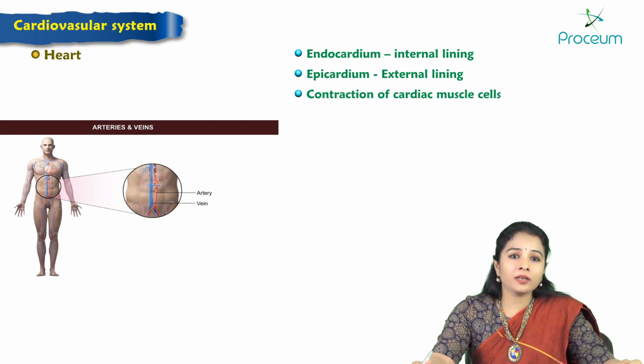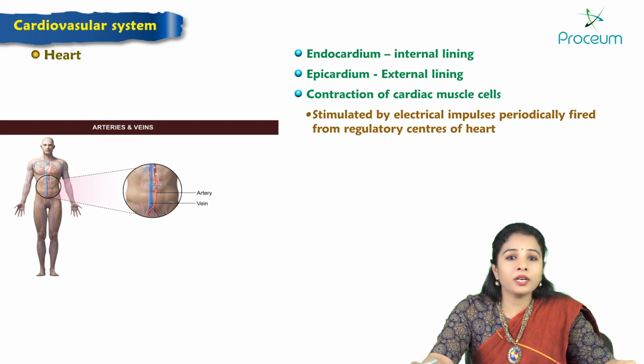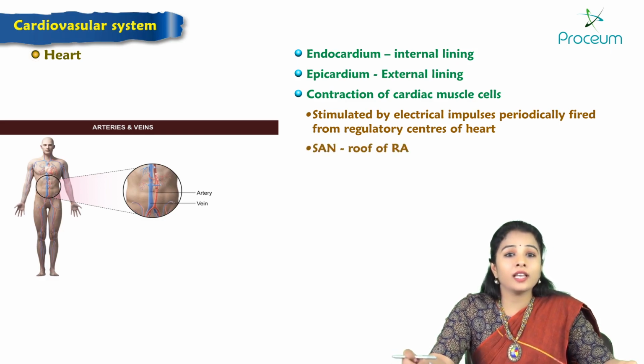Contraction of the cardiac muscle cells is stimulated by electrical impulses that are periodically fired from the regulatory centers of the heart: the SA node in the roof of the right atrium and the AV node.